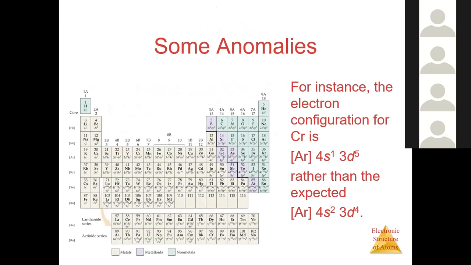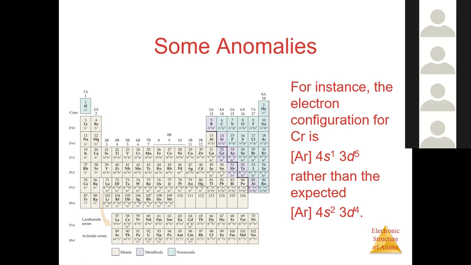Now is when we get into what Dylan alluded to. It is energetically favored to have a half-filled orbital. So if I look at chromium, the normal configuration for chromium should be 4s2, 3d4. But half-filled orbitals have energetic stability.